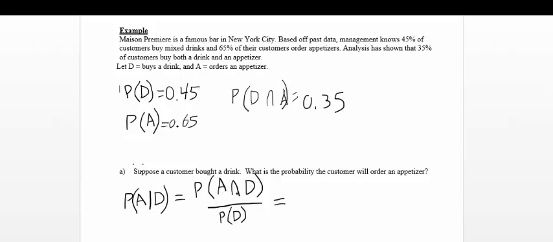Probability of A and D, same thing as D and A, it doesn't matter the order, that's going to be 0.35 over the probability of D, which is 0.45. Do this calculation out, and we get 0.7778.